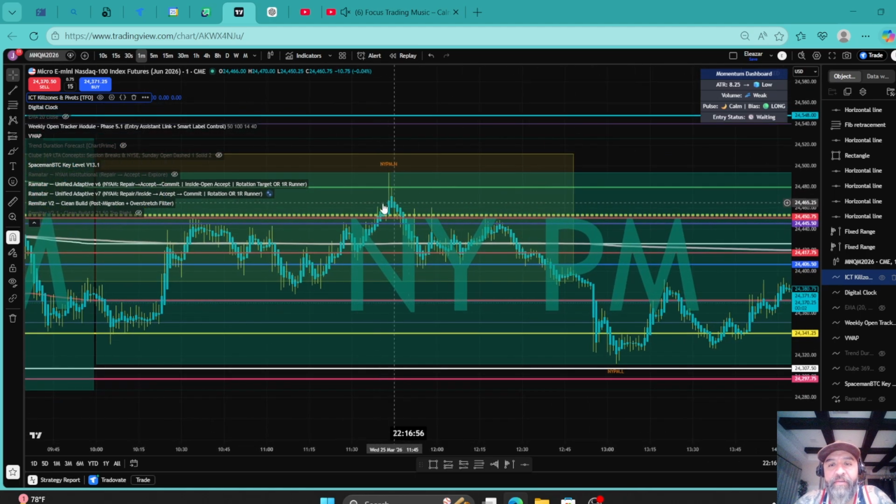And after the green line, you could say, hey, let's target once again at least the white line, which is on par right here with my VWAP.